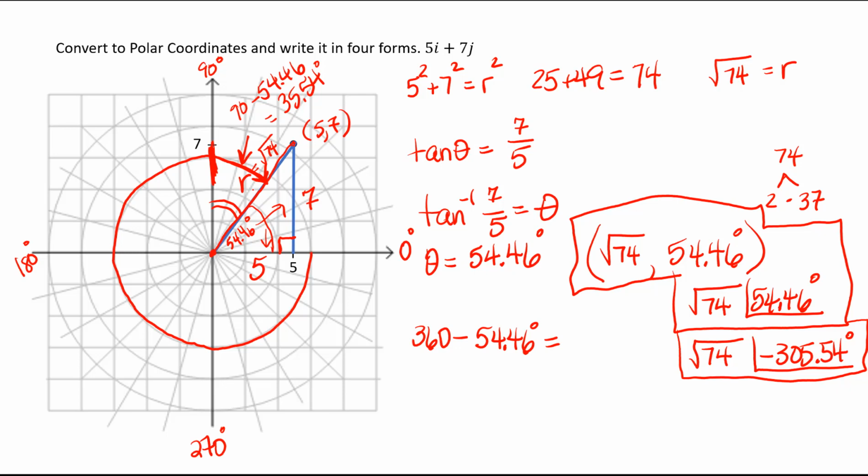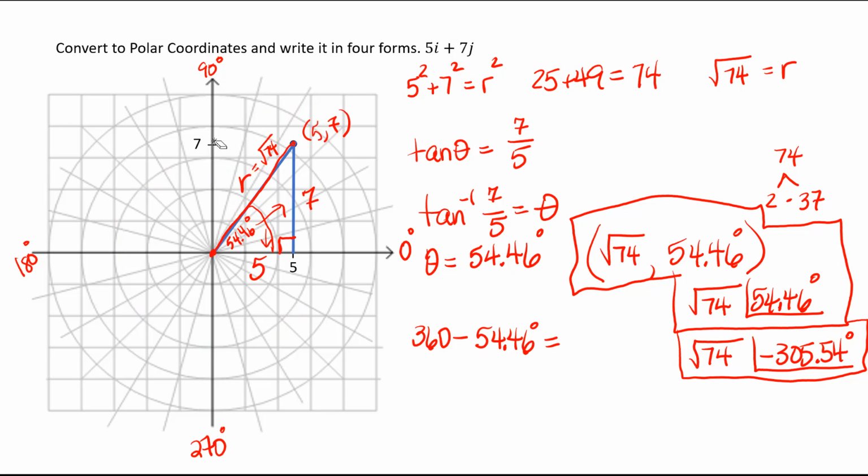So you have to think about the circle, where you are on the circle, and what the values of the different angles are. The angle inside of our triangle that we used the tangent to find is 54.46. And the only way to get there, going clockwise from 0, is to think of it as going all the way around the circle, but backing up 54.46.